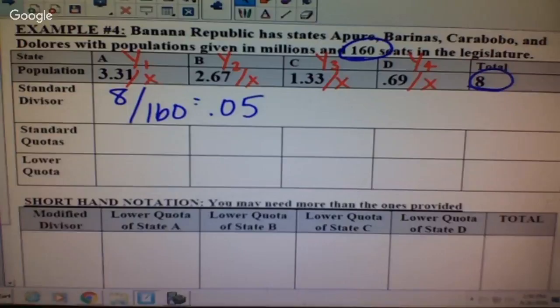If you need your number to go up, you need to make your modified divisor go down. So 0.05 needs to go down. Now be careful with this one. You want to go down very small.